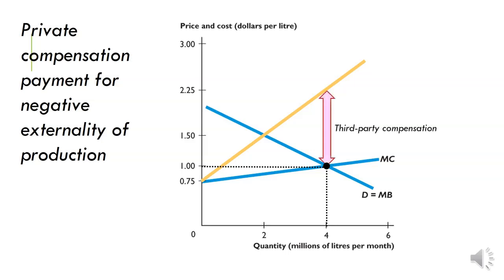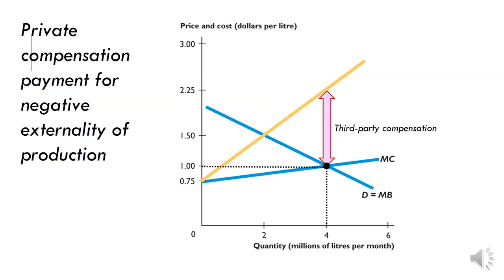The third party, that is the bystanders or the people who are negatively affected, who have nothing to do with this, say, all right, we're being negatively affected by this much due to your production. So we want to be compensated by that much. We're not giving you access to the land or to the air or to the waterways or whatever it is that's being polluted until you compensate us by this much, the value of the external negative effect we're experiencing.